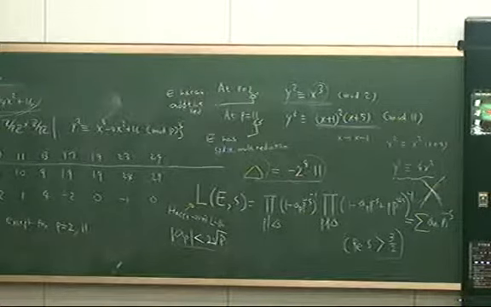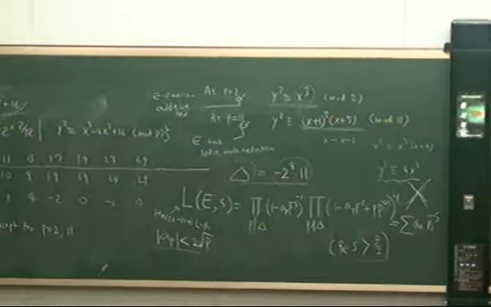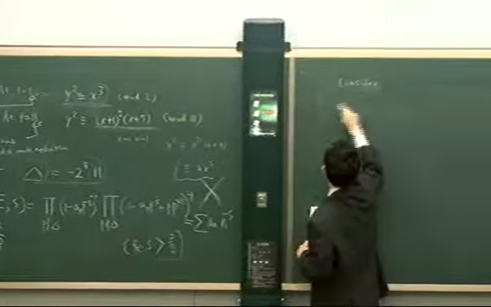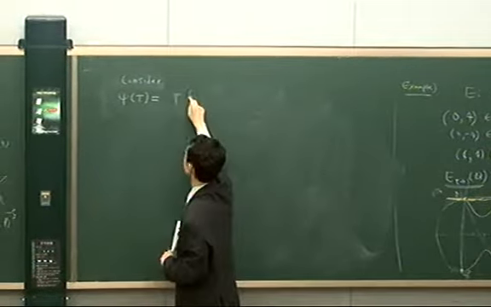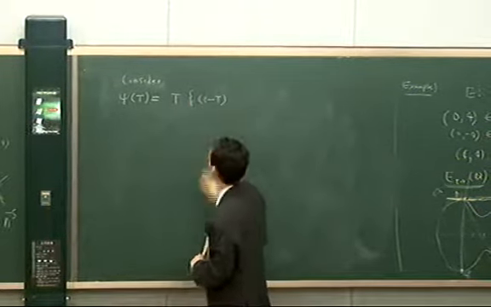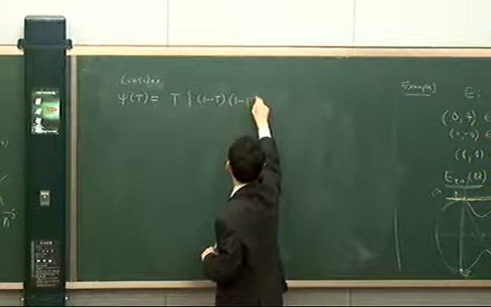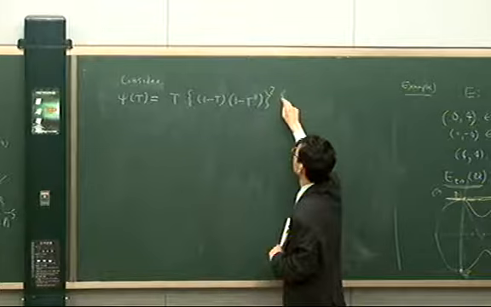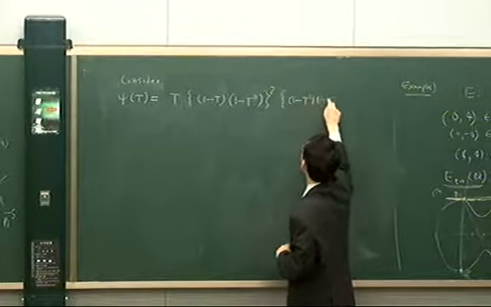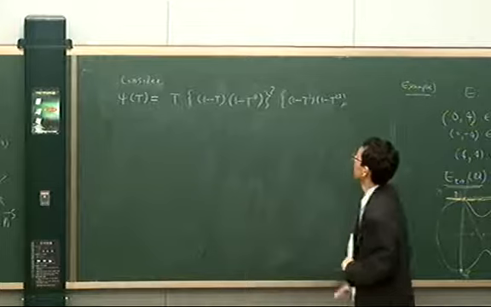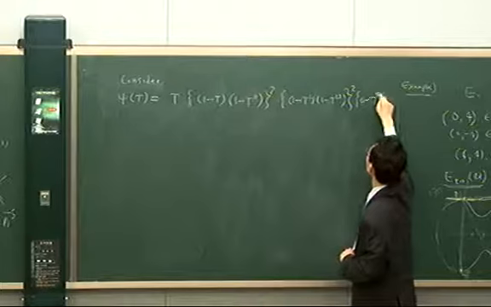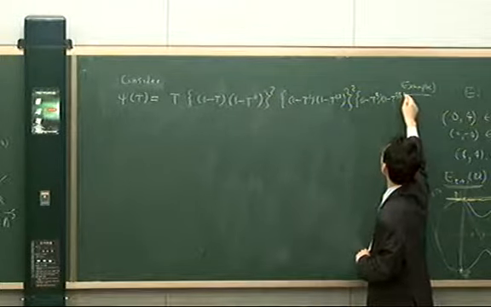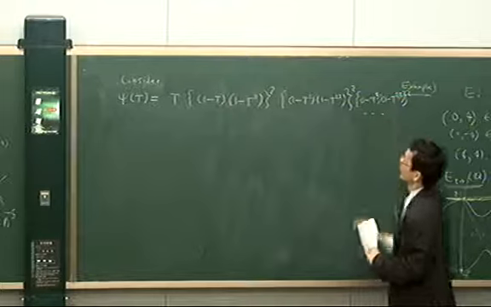We consider an infinite product for psi of t, which is given by t times 1 minus t, 1 minus t to the 11 squared, and 1 minus t squared, 1 minus t to the 22 squared, 1 minus t cubed, 1 minus t to the 33 squared.